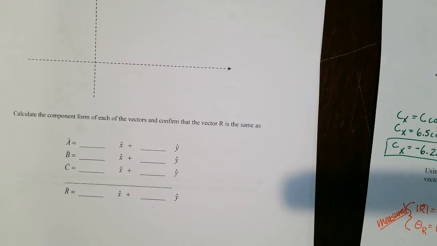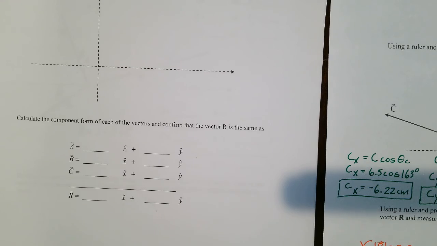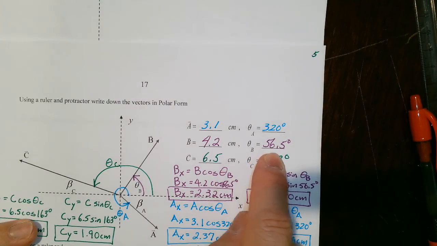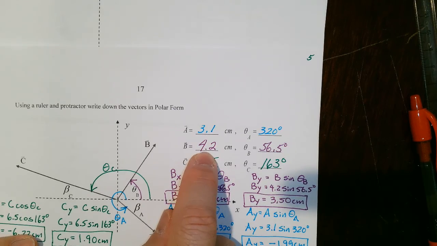All right, so here we go. We're going to start out with b, and my b vector looks like it's 56.5 degrees and 4.2 centimeters.